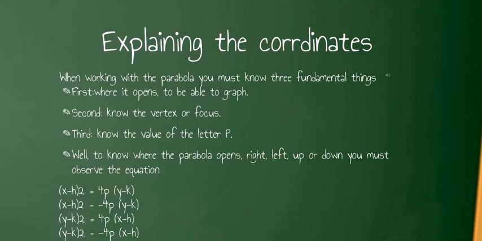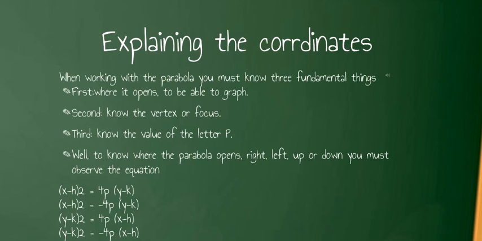Now in (y minus k) squared equals 4p (x minus h), p is positive, but on the x axis it will be to the right, and negative on the x axis, to the left. This will always be something that we must identify.